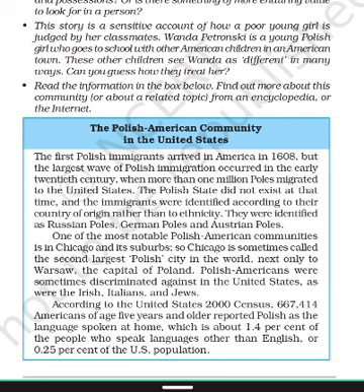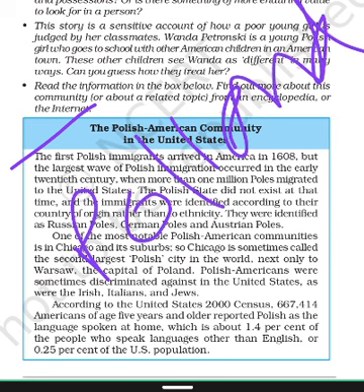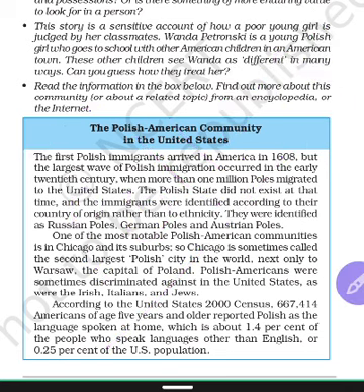So this time we are studying that the first Polish immigrants arrived in America in 1608. A person who was living in the area of Poland was called Polish. When they arrived in America, they were called Polish Americans. Now we will study it more.